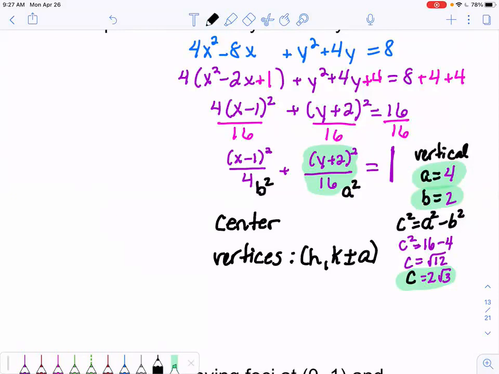The vertices are found by using A. To find the foci, remember it has a C in it, they're found by using C. And again, the vertical variable is changing.